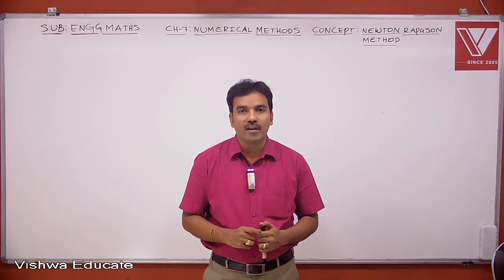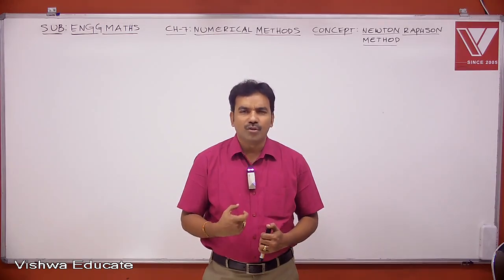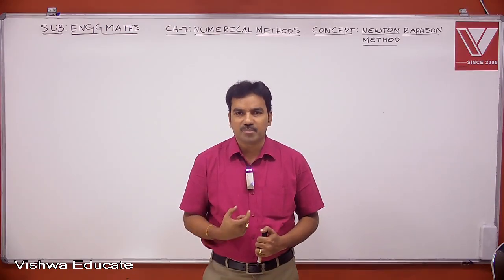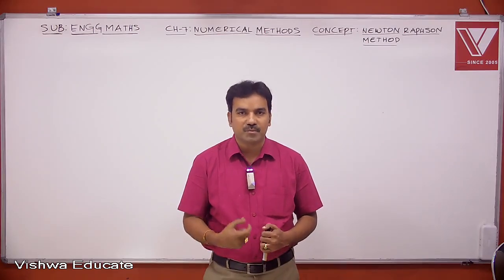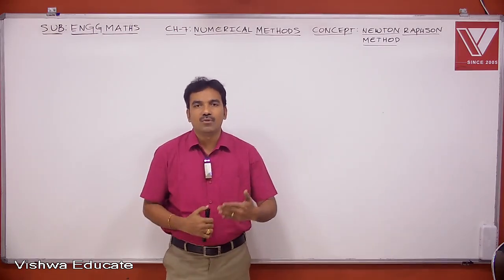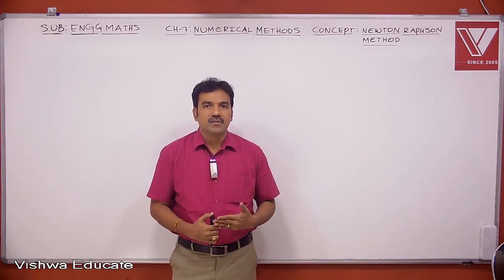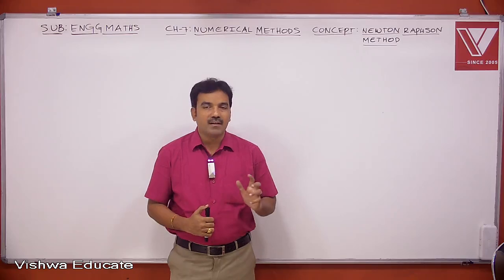One is solving algebraic and transcendental equations. Algebraic equation means it's a polynomial expression. Transcendental equation means it's a non-polynomial expression, right? Now particularly when you go to algebraic equations, if I take a polynomial of degree n, it has exactly n roots. Now that is very clear aspects.